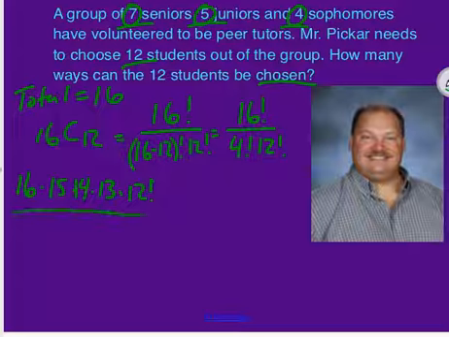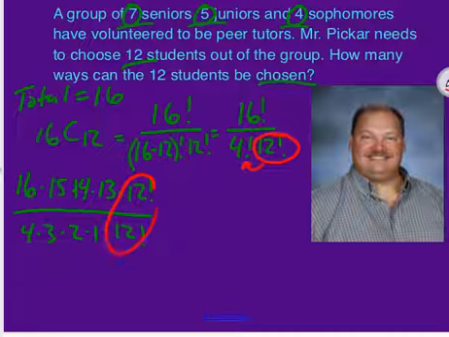So then I probably would have gone like this: 4, 3, 2, 1, 12 factorial. The reason I always pick this one is 12's bigger than the 4. So 12's going to cross more things off. So this 12 here is going to go all the way down to 1, but we're just going to cancel right there.